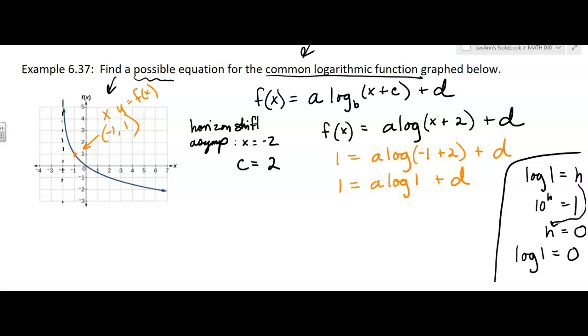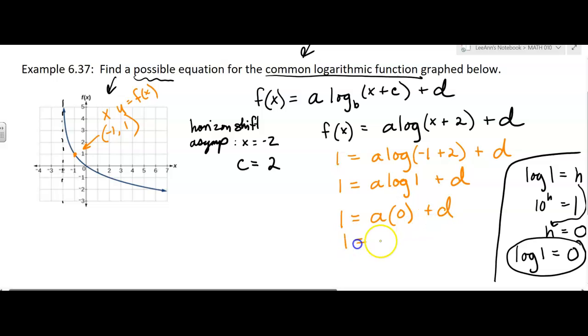It turns out that it doesn't matter what the base is, and that's a property, and we're going to talk about the properties, I believe, in section 6.4. So those will come up. But we're going to say this right now, that log of 1 is equal to 0. That means now I have 1 equals a times 0 plus d, or 1 equals d.